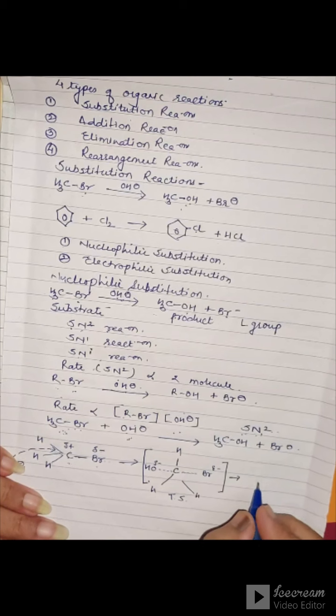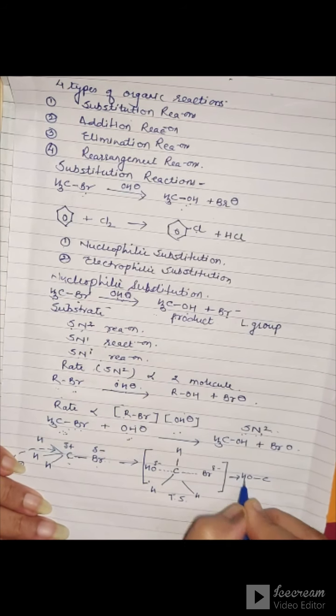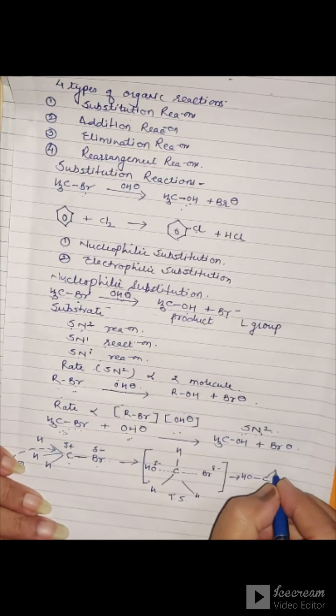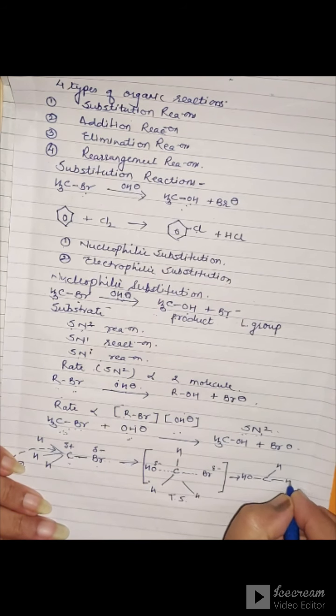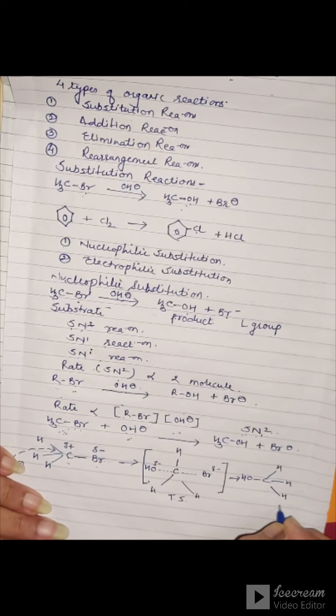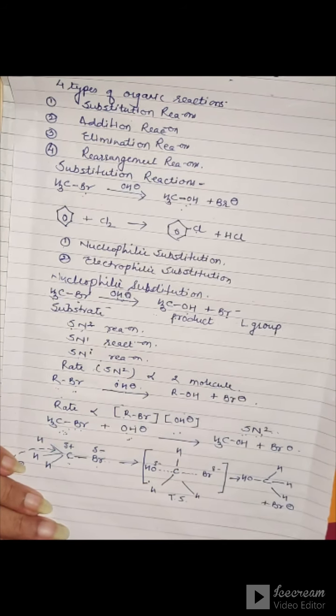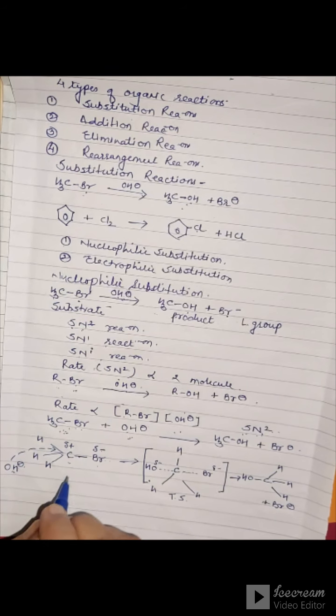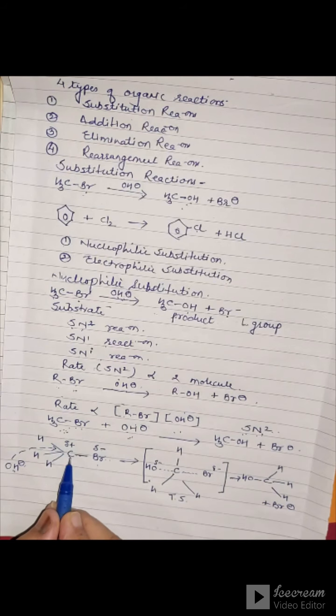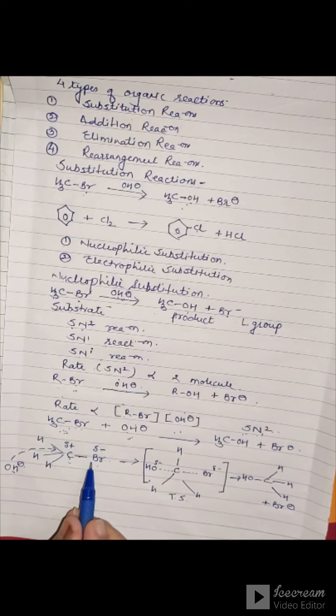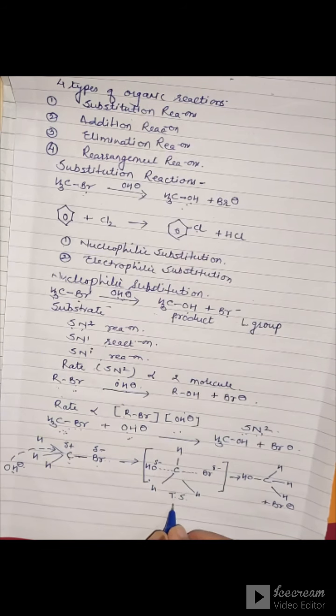And at the end of the reaction, we will see that the OH is completely linked with carbon. Here 3 hydrogens plus Br negative, the leaving group. So in this way OH starts to approach this electron deficient carbon and Br starts to depart the molecule, and we get a transition state.